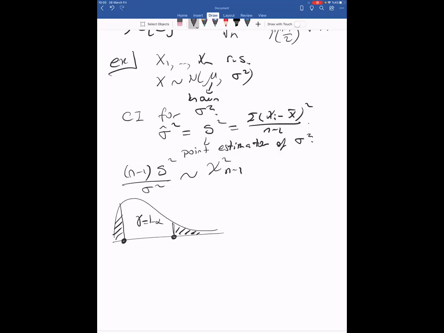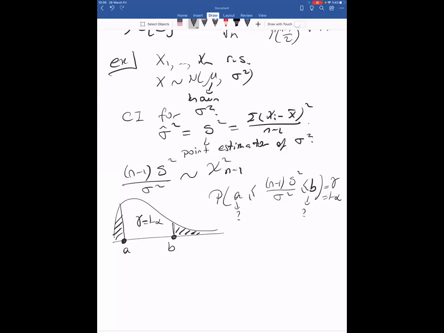Let's say we have A here and B here. Then we can say that the probability that n minus 1 S squared over sigma squared is between A and B is delta, or 1 minus alpha. So what should be the values here to minimize the length?